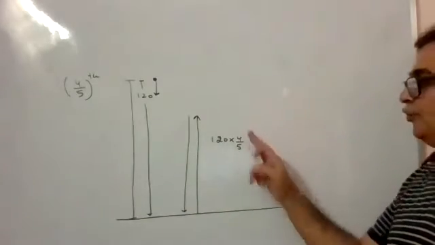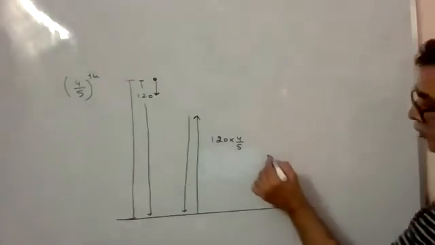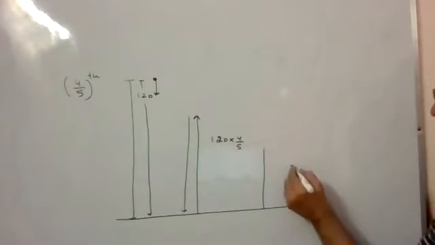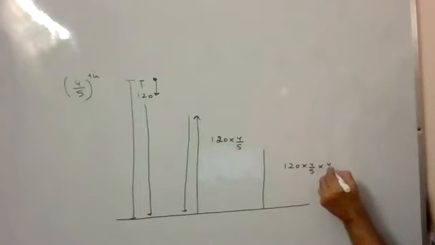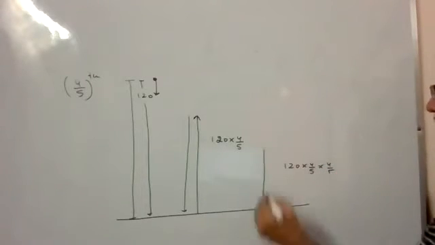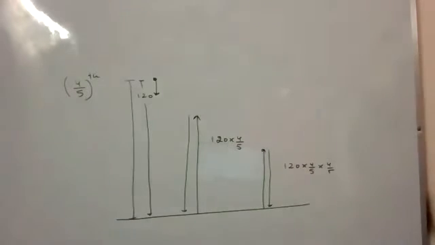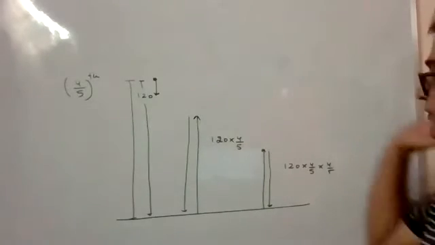So 120 into 4/5 going up and then coming down. On the next rebound it will go again 4/5 of this. So it will be 120 into 4/5 into 4/5. It will go to this height and then come back. And this way it will continue.